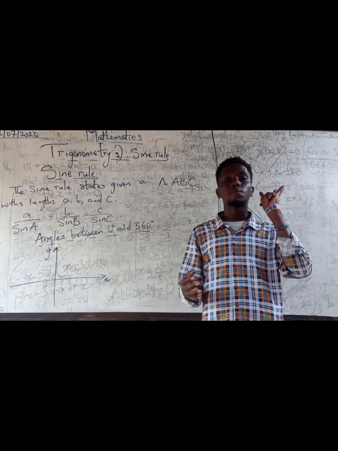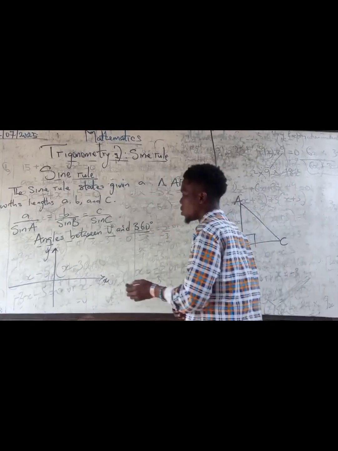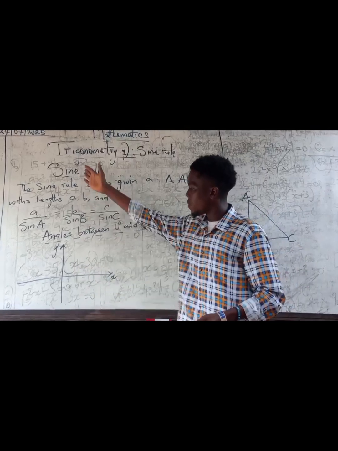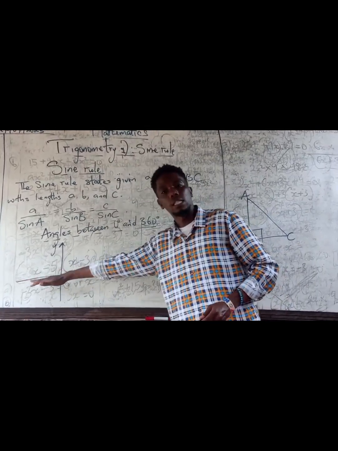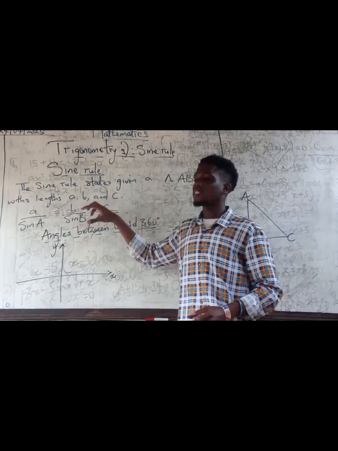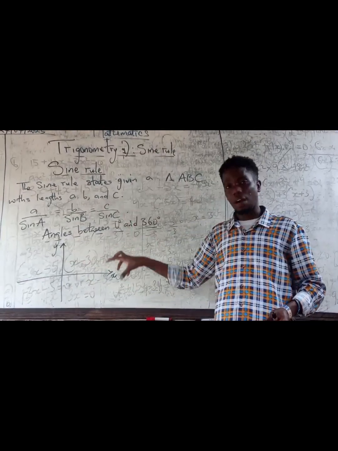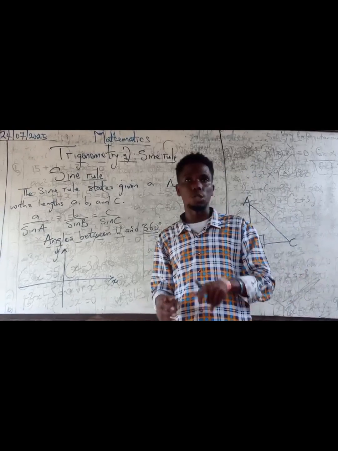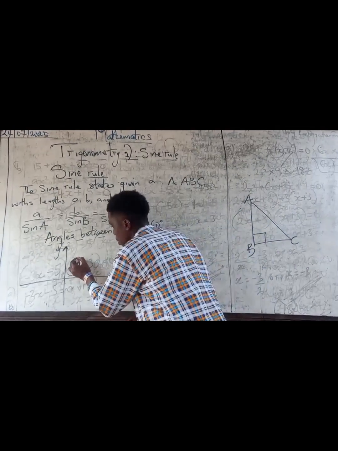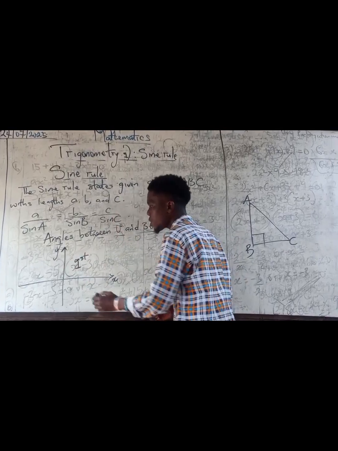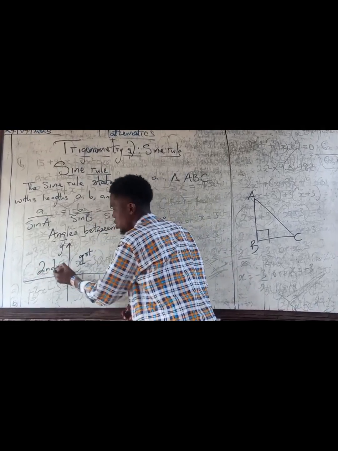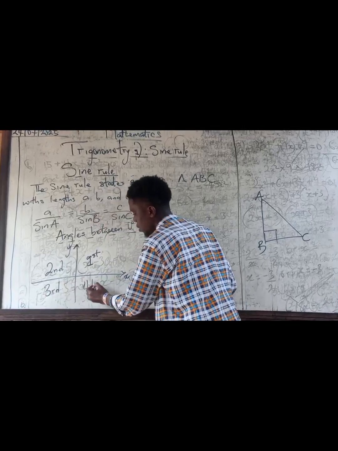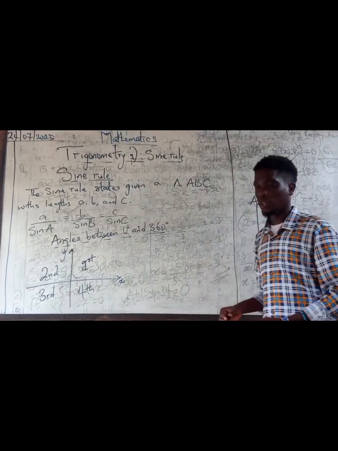Into 4 what? Quadrants. So this is a Cartesian plane, basically a graph, where you have the y axis and the x axis. We call this the first quadrant, the second quadrant, the third quadrant, and the fourth quadrant.